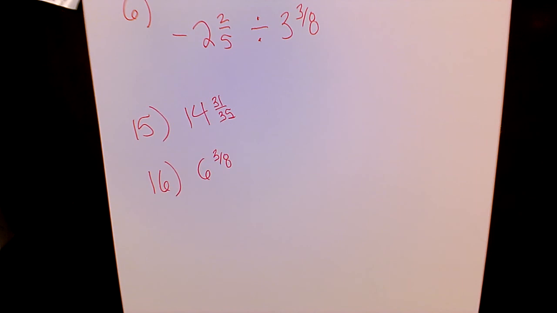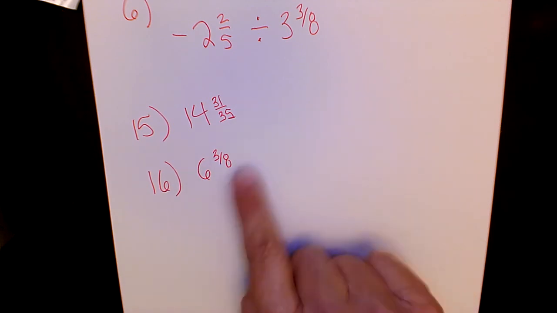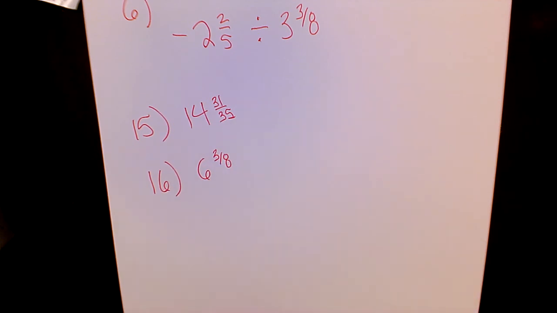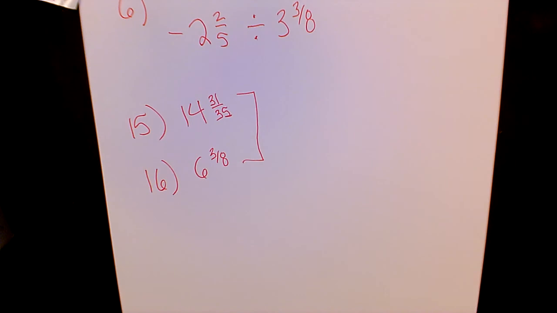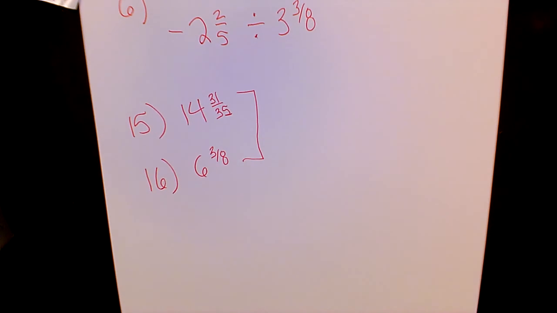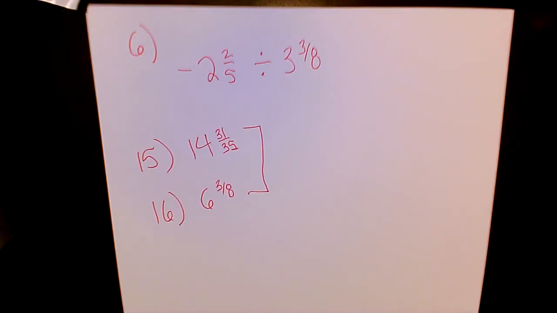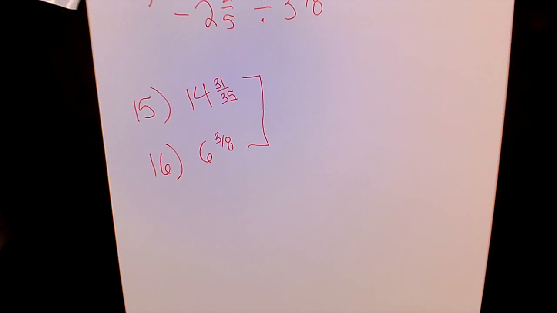So check that and make sure, if you're doing it on the calculator or doing it by hand, here are your answers. And let me know how the calculator goes. If you need any more help with the calculator, just send me an email and let me know.